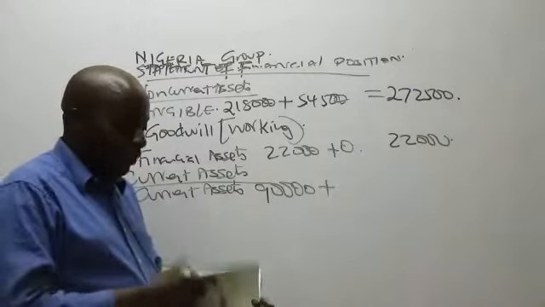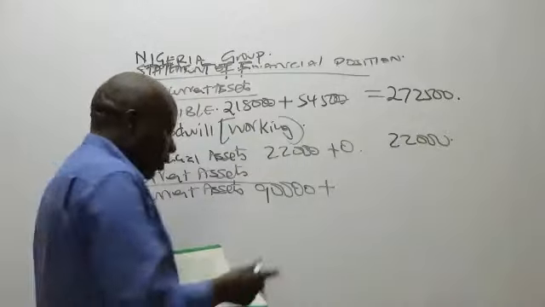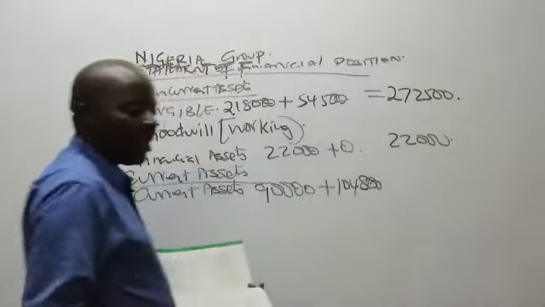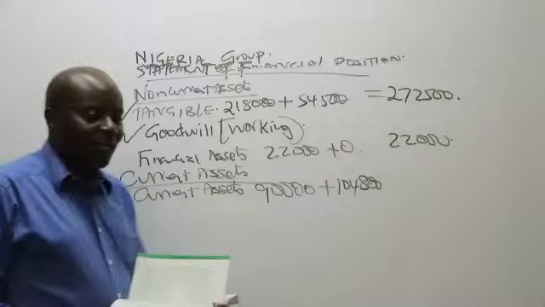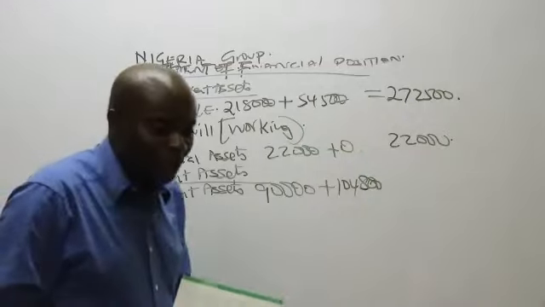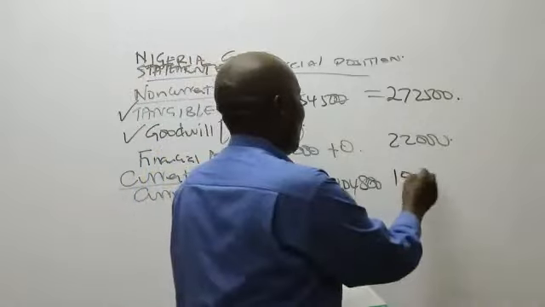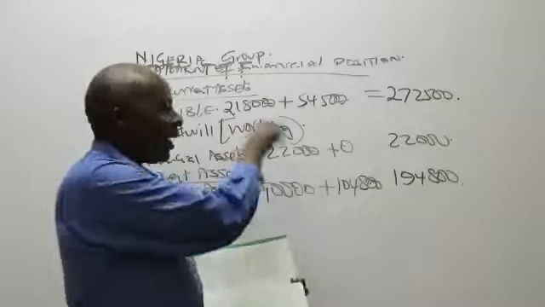Who can remind us that figure? 104,800. So could you kindly give me this total figure now? 90,000 plus 104,800. So the total figure here will be 194,800.